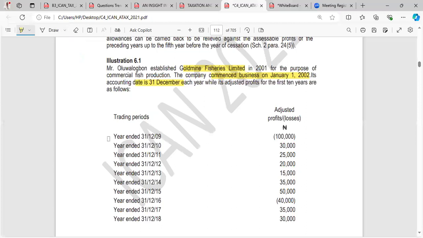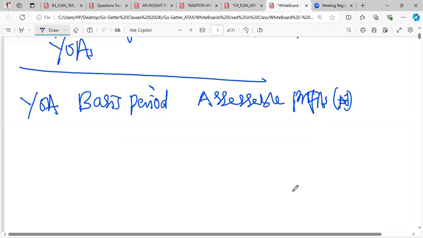So now we have year ended 31st December 2009. What it tells us is that it started from January 1, 2009 to 31st December 2009. Which year of assessment is it? You are right, 2010 year of assessment.